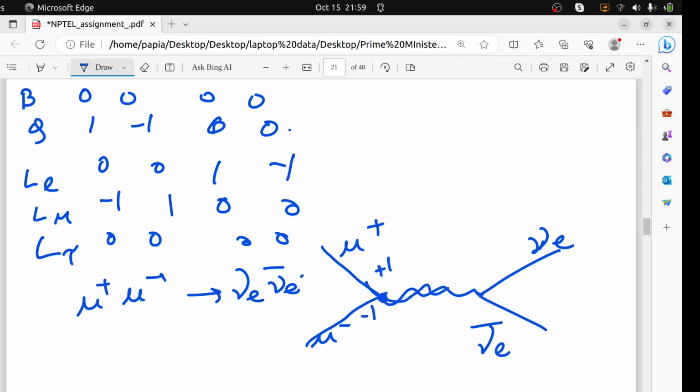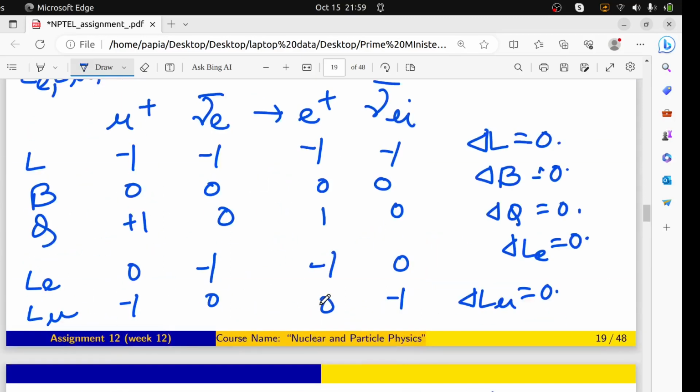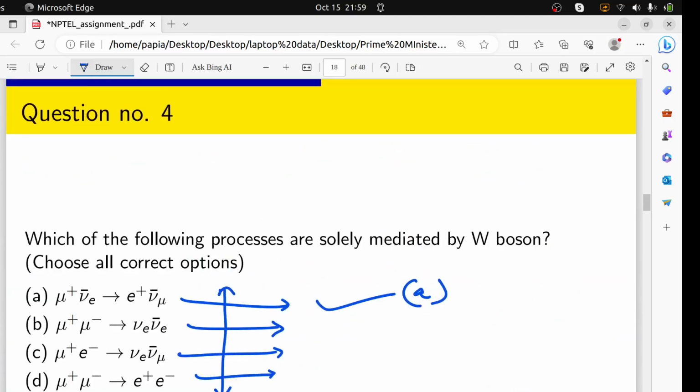So whatever the mediator is, it should be neutral. Neutral means Z. Here also from Z to here, this is 0, this is 0, this is 0. That means the vertex is conserved under charge. So in that process, there will be Z as a mediator. There will be no W as a mediator. So whatever the option was there, that will not be the correct one.